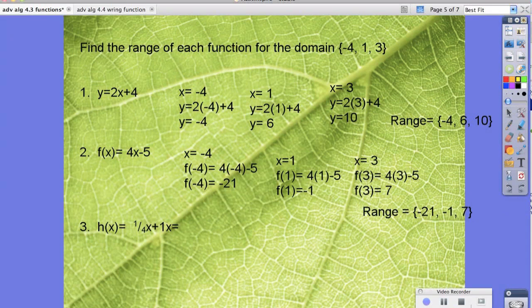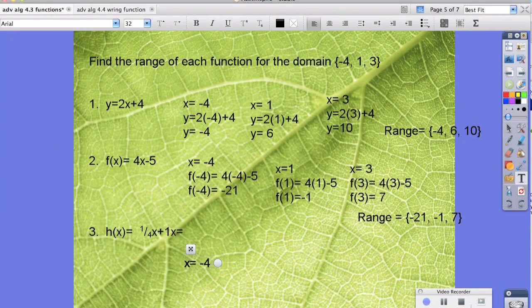Last but not least, we have h of x equals 1/4 x plus 1x. So x equals -4. We get h of -4 equals 1/4 times 4 plus 1 times 4. 1/4 times 4 turns out to be 1, plus 1 times 4 is 4.